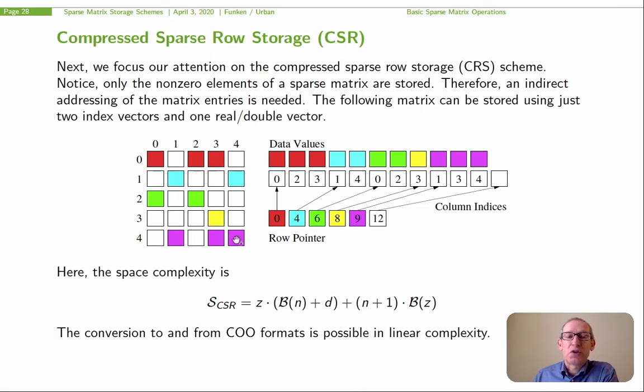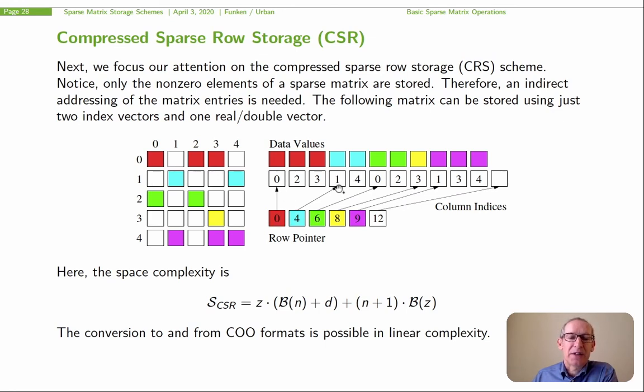Of course, since we shifted row-wise, we need the column indices which we store, but we have done some ordering, so we know where the first row starts, we know where the second row starts, we know where the third row, and so on starts.